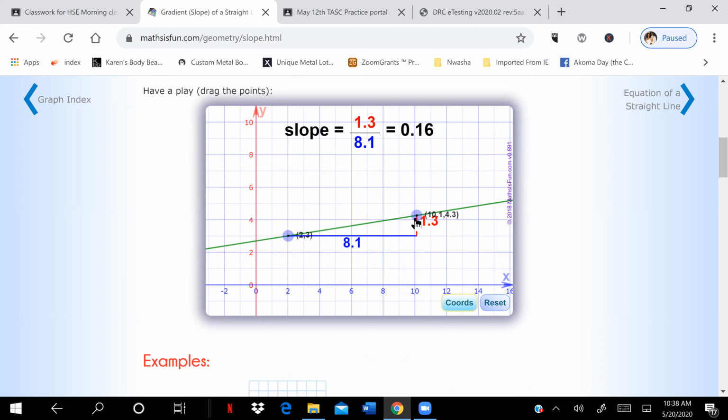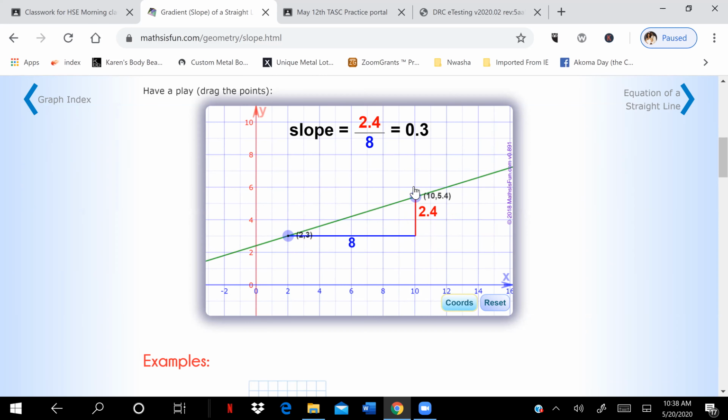But again, if you're picking those points that are perfectly on the grid, it makes it easy. So this one is 2, 3, 10, 4. It makes it easy to figure out what the slope is with just counting. But what they're saying is if I had these 2 points, I would have gone over 8 and up 3. So my slope is 3/8.